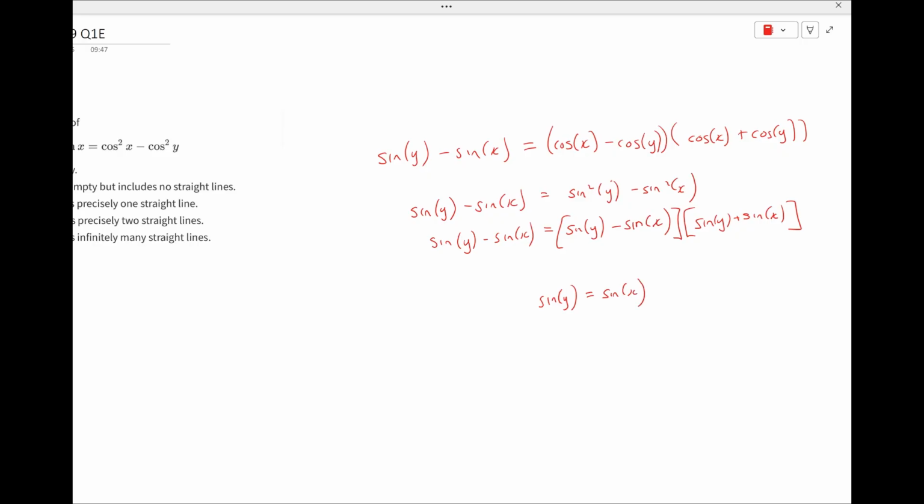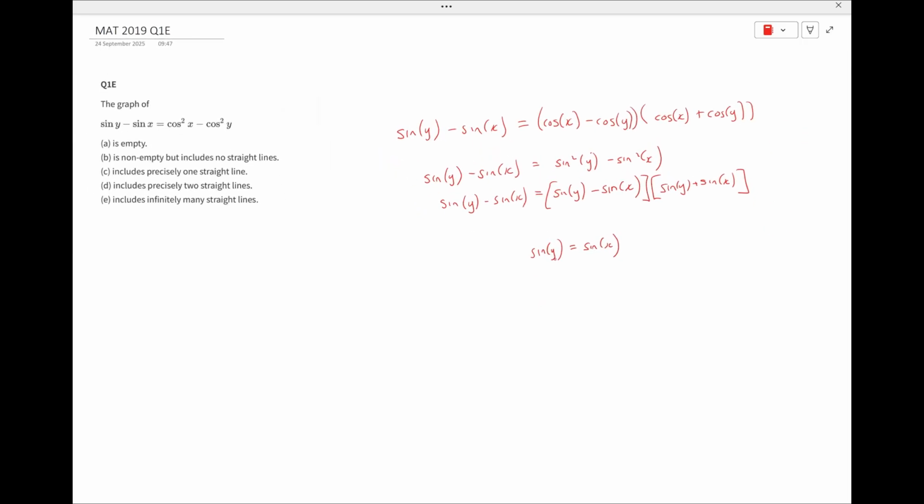Now, sine y equals sine x is going to be true for infinitely many straight lines, because if x equals y, then it's true. If x equals y plus 2 pi or 360, then it's true. If x equals y plus 4 pi, then it's true. If x equals basically y plus 2n pi, it is true. So there is definitely going to be infinitely many straight lines.